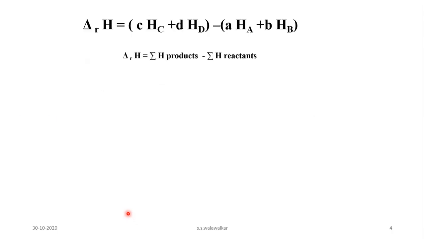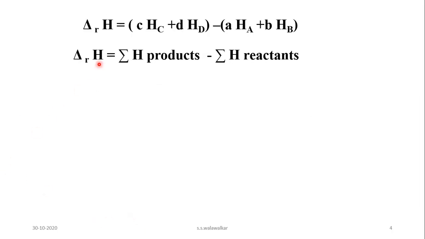So delta H R, the enthalpy of reaction, can be written as the summation of enthalpies of products minus the summation of enthalpies of reactants.